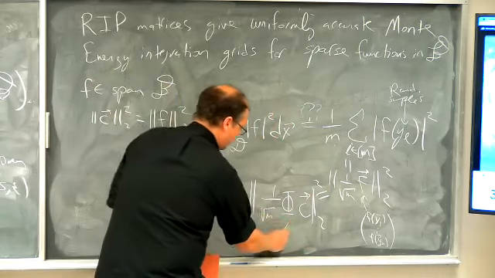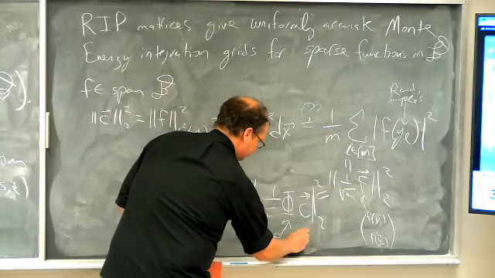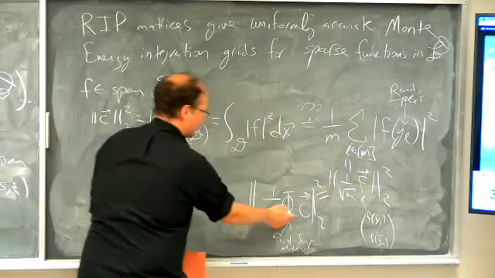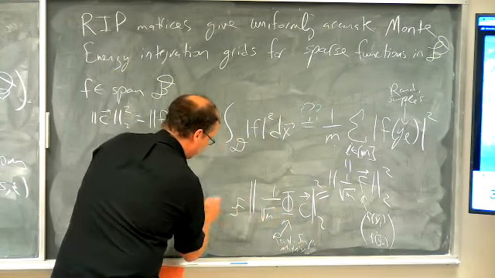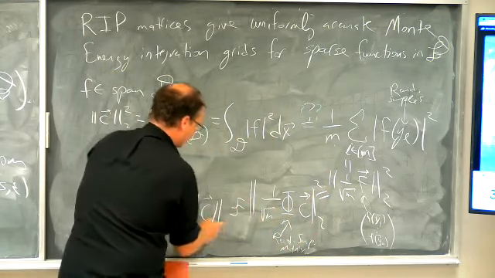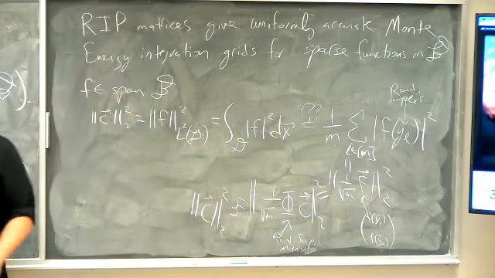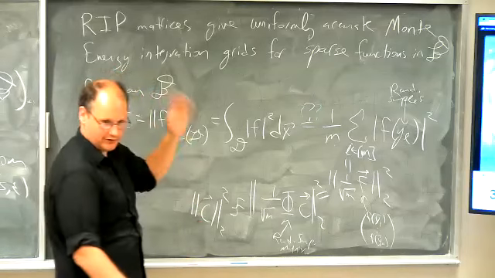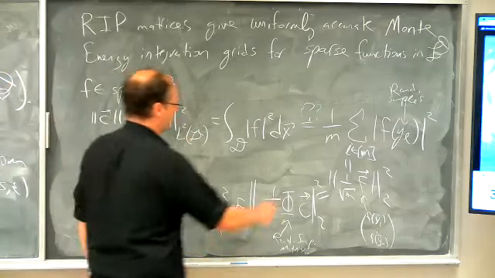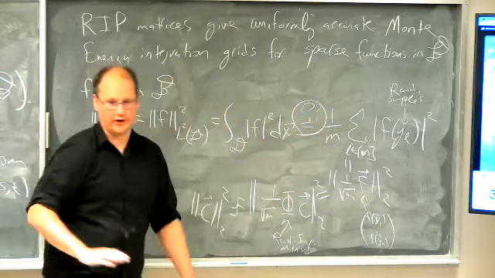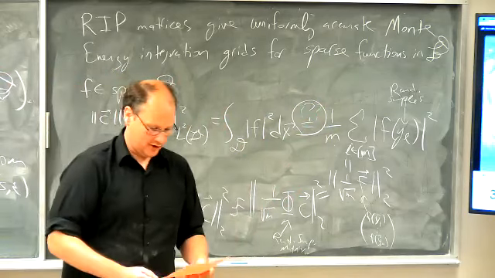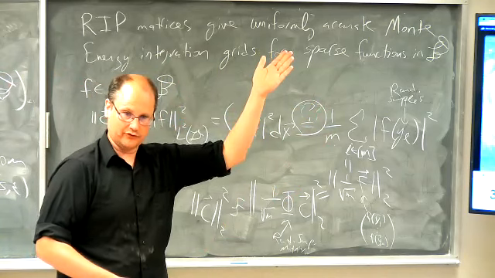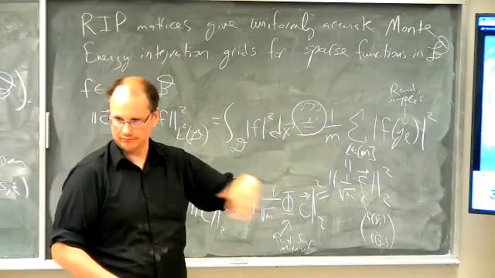And because this guy has a restricted isometry property, we know that that's going to be approximately the same as the coefficient energy, so you sort of say that yes, this is going to work. So RIP results tell you basically how to do Monte Carlo energy estimates, and we're going to use that to create our support identification strategy and get uniform bounds by doing it.